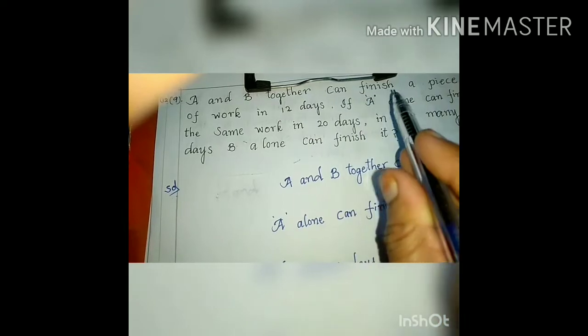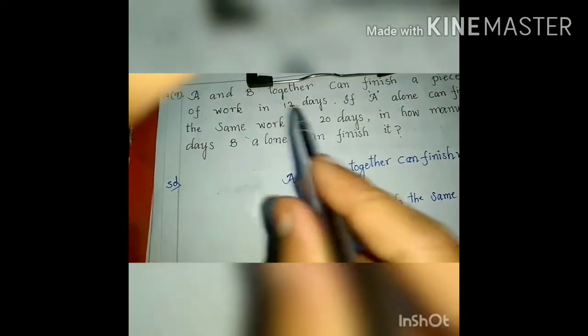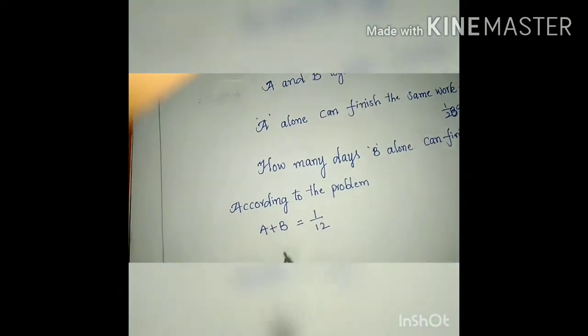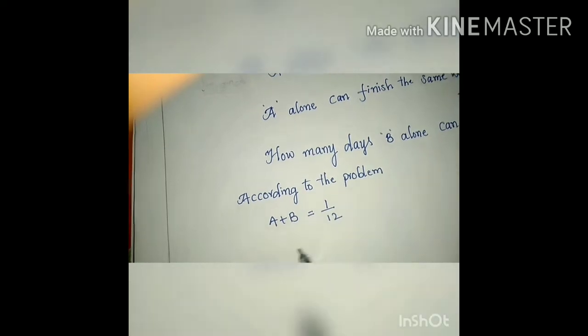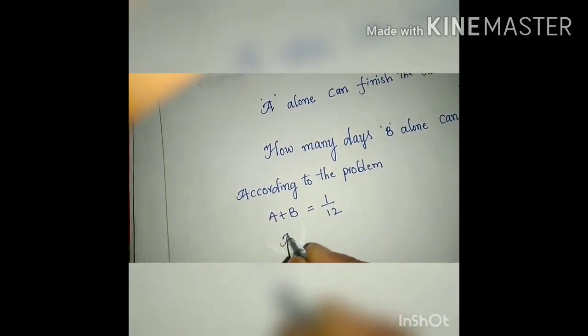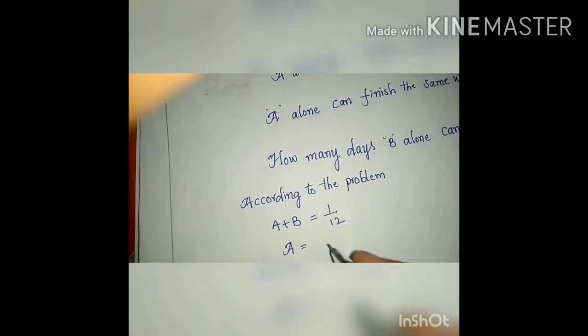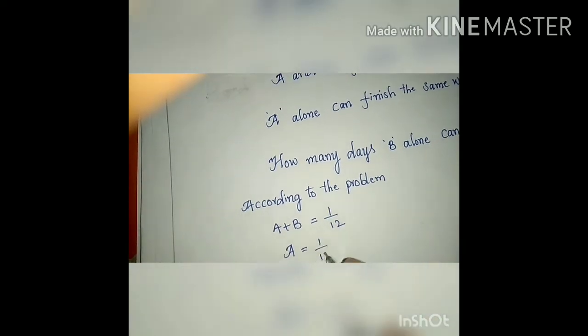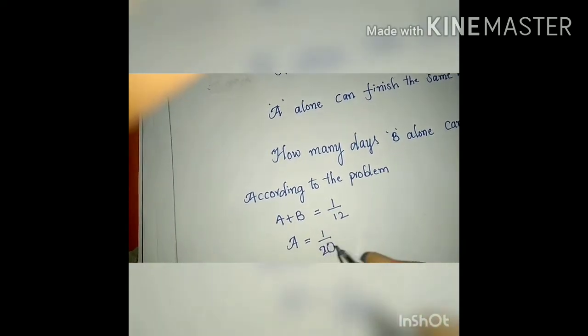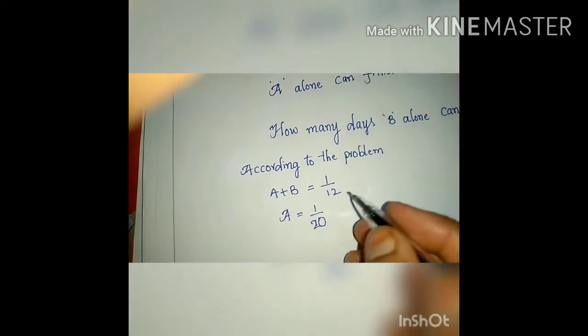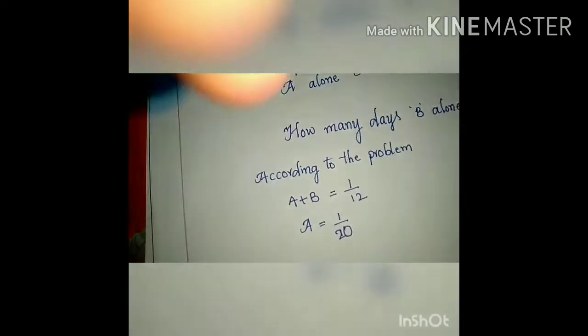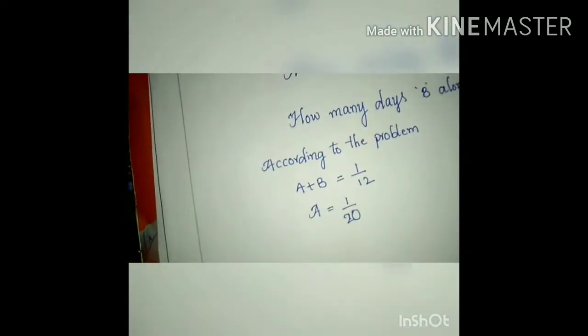According to the problem, A and B together can finish a piece of work. Together means addition, so A plus B equal to 1 by 12. Already given, A finished the work in 20 days. Then substitute in the equation.